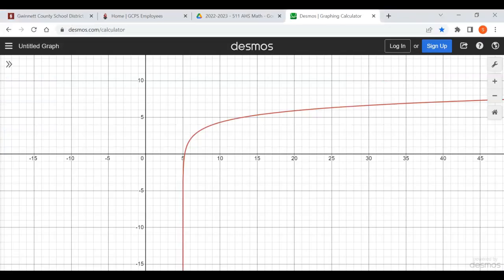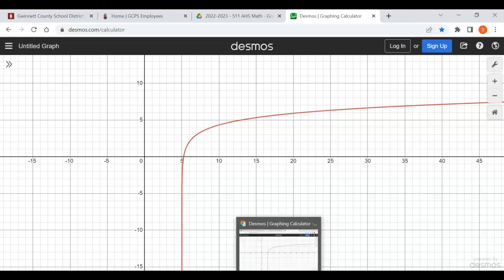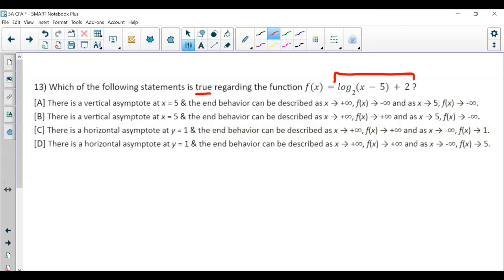Let's check. And here you go. Notice we do have a vertical asymptote at x is equal to 5, because now we are slowly but surely going up to positive infinity. So because of the vertical asymptote, we can go ahead and cross off C and D.